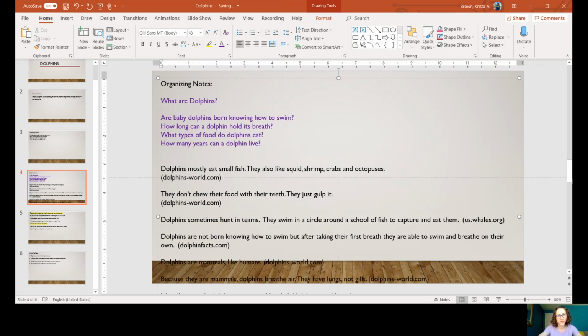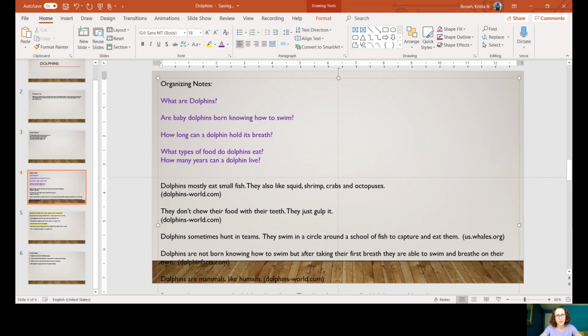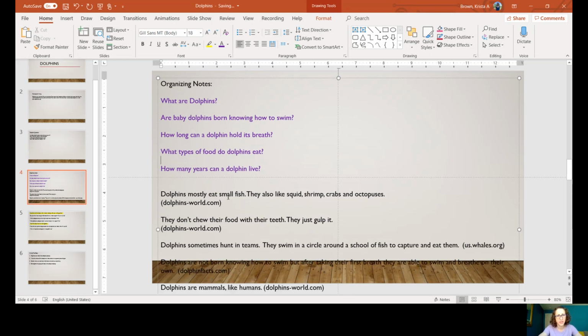Okay, so what are dolphins? Let me put a little bit of space in between my questions here so that I can place those questions. I'm going to go through each of my statements here that I've written, and I'm going to think, okay, which question or subtopic does this answer belong in?